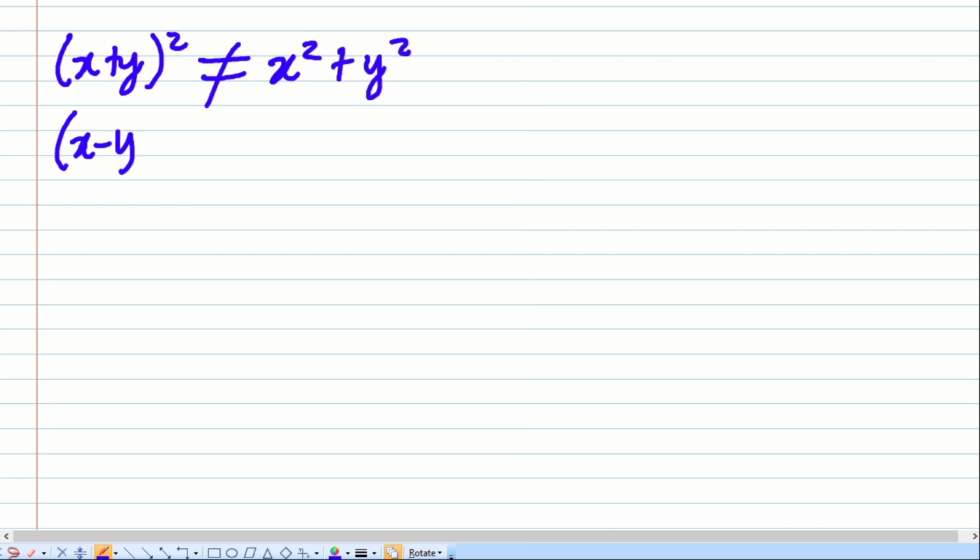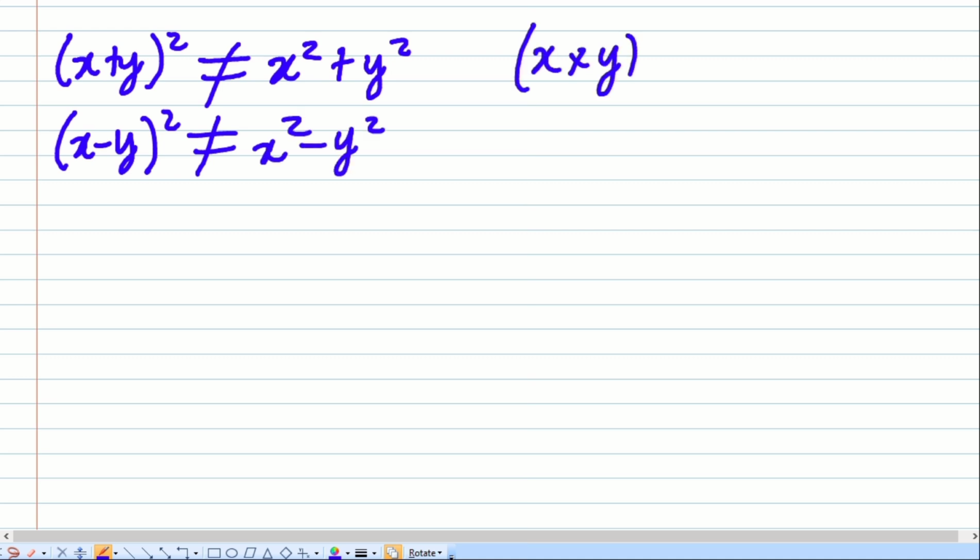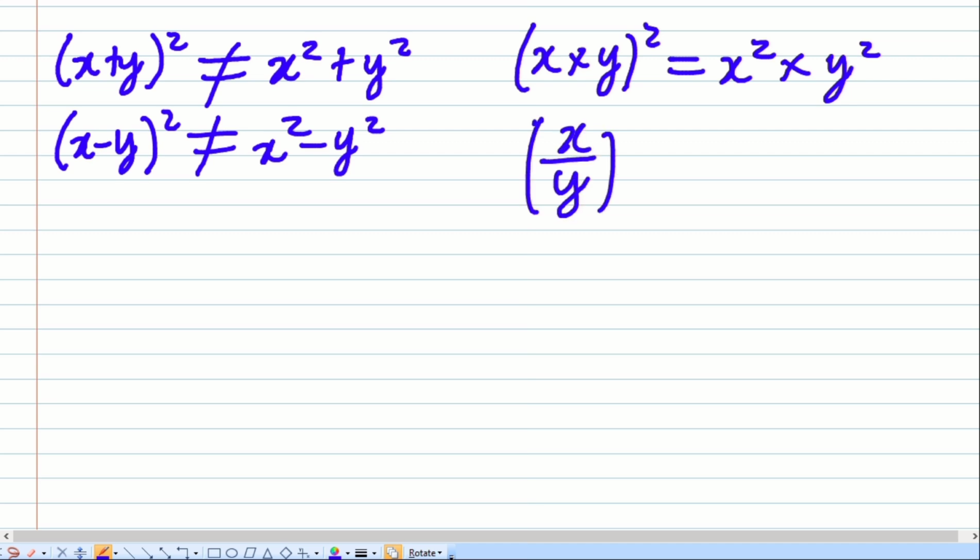Similarly, (x minus y) squared is not equal to x squared minus y squared. However, (x times y) squared is equal to x squared times y squared. We can distribute there. And (x over y) squared is equal to x squared over y squared. Please take notes.